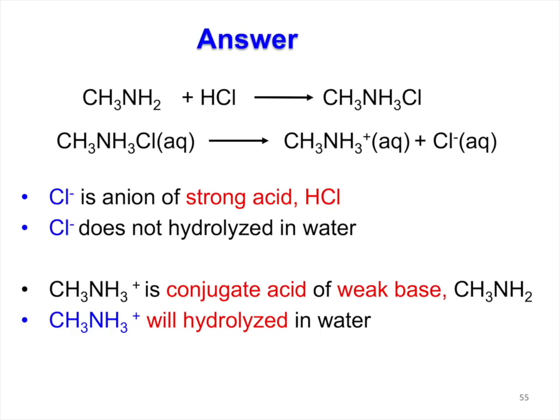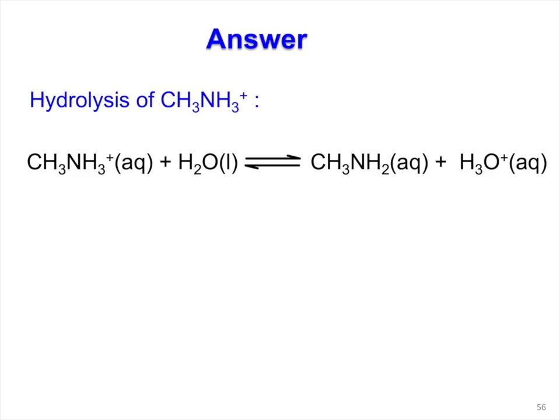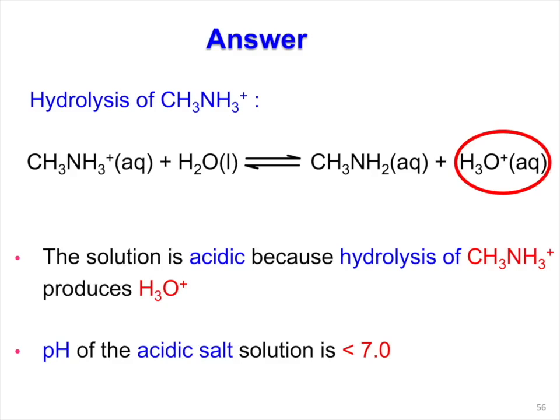So the equation is CH3NH3+ + H2O gives CH3NH2 + H3O+. So since this process produces H3O+, the solution is acidic. So the pH of the acidic solution is less than 7.